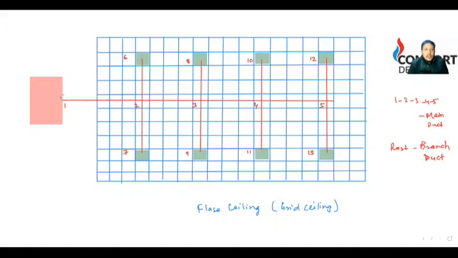So length, you can get it from here to here, it is the length. So this is your double line diagram. This is basically your double line diagram, as you can observe here.